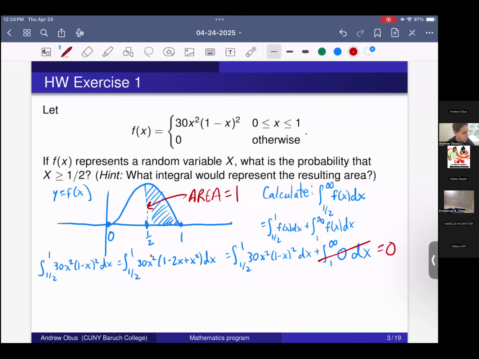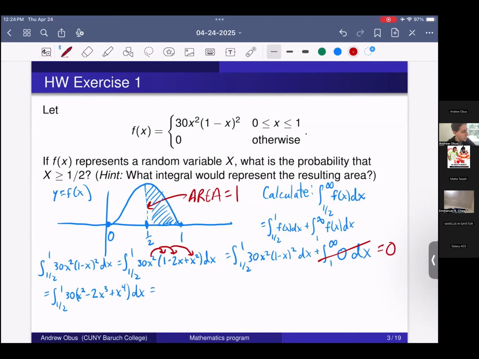And now we can distribute the x squared to every term, right? So this is the integral from 1/2 to 1 of 30 times (x squared minus 2x cubed plus x to the fourth) dx. Maybe I'll keep the 30 separate.